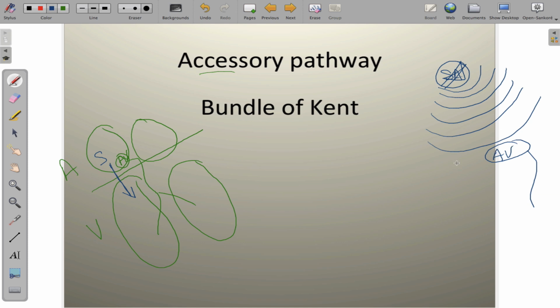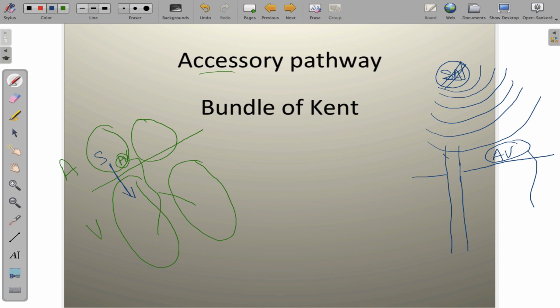So now take into consideration that we have this additional accessory pathway, and it is essentially wide open. That wide open piece allows us to transmit electrical impulses from the atrial tissue straight down to the ventricular tissue.